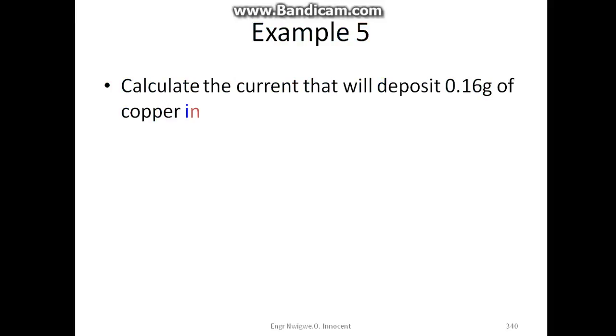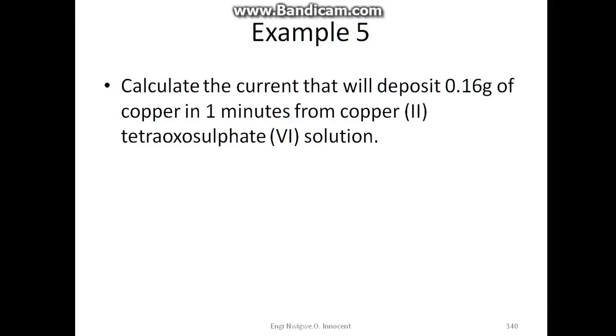Example 5. Calculate the current that will deposit 0.16 gram of copper in 15 minutes for copper(II) tetraoxosulfate(VI) solution. Solution. Equation of the reaction: copper, having two positive valency, will absorb 2 electrons to form neutral copper.